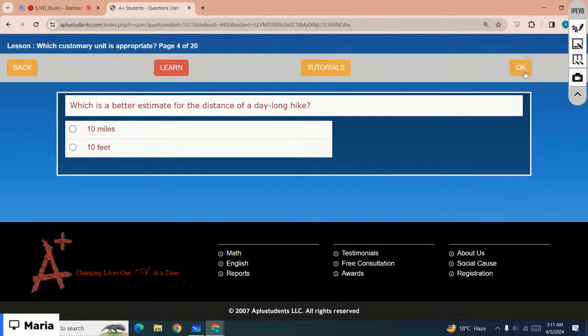Which is a better estimate for the distance of a long day hike? So which is the correct option? The correct option is, that's a day long hike. So that would be 10 miles. The correct option is 10 miles.